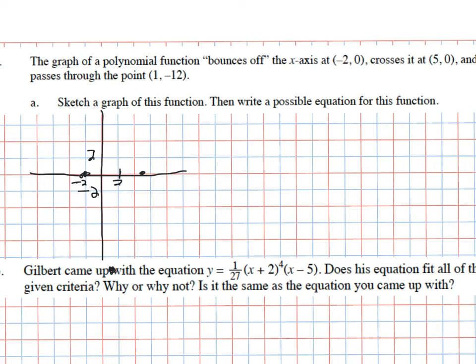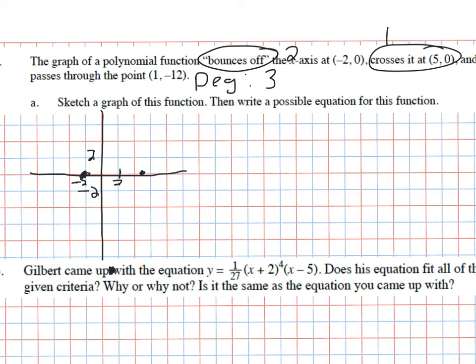So, trying to sketch this where I have to pass through all 3 of these points, bounce off of this first point, pass through the point 1, negative 12, and pass through 5, 0. The degree of this polynomial is going to be 3 because it bounces off, that gives me 2 factors, and it crosses or passes through, that gives me 1 factor.